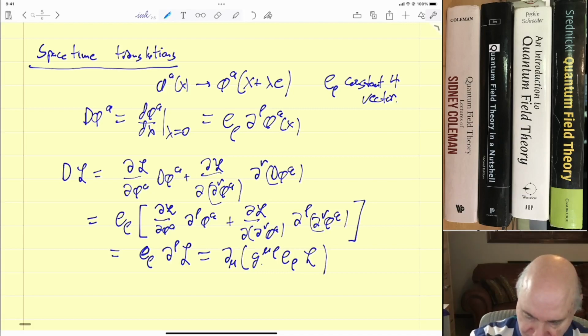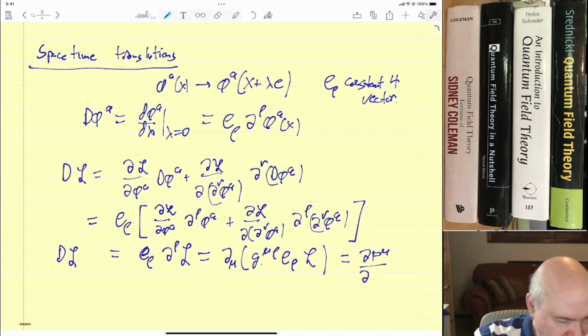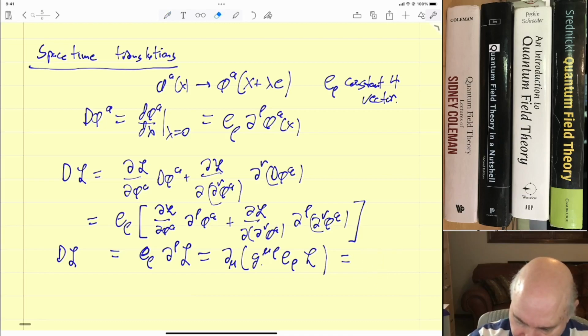And so this defines, remember, we wanted to get our dL as equal to the partial of f mu. Let me go back and see where I defined that. So this thing over here is now our f mu.